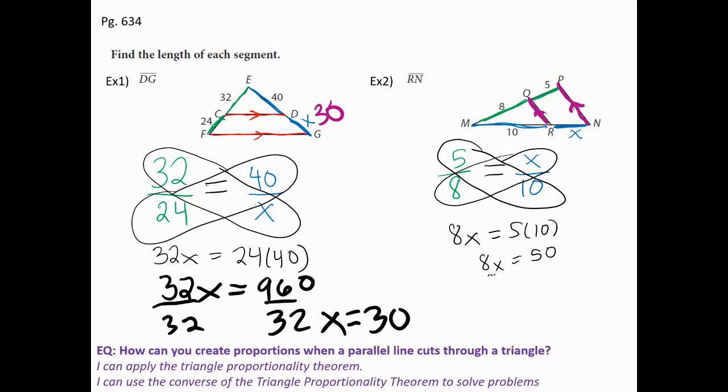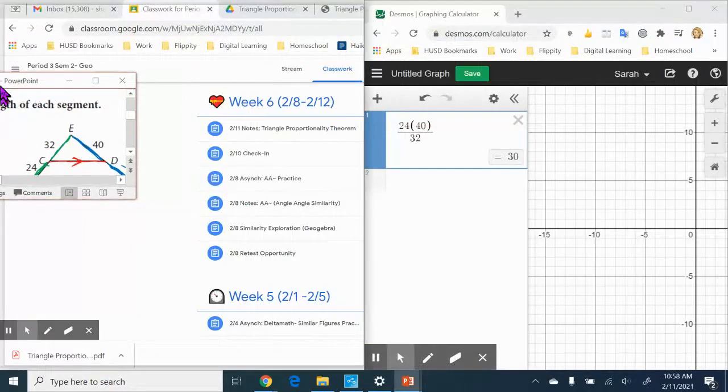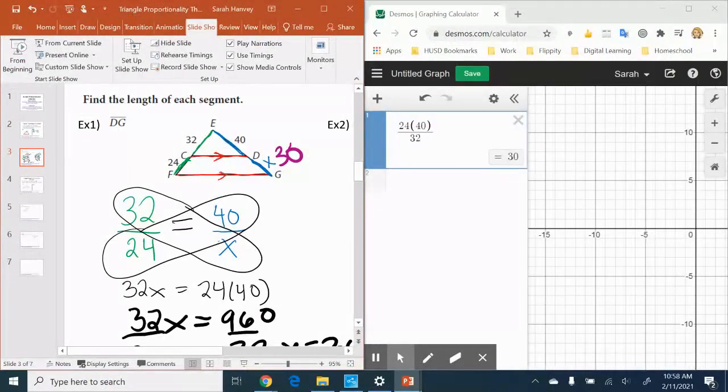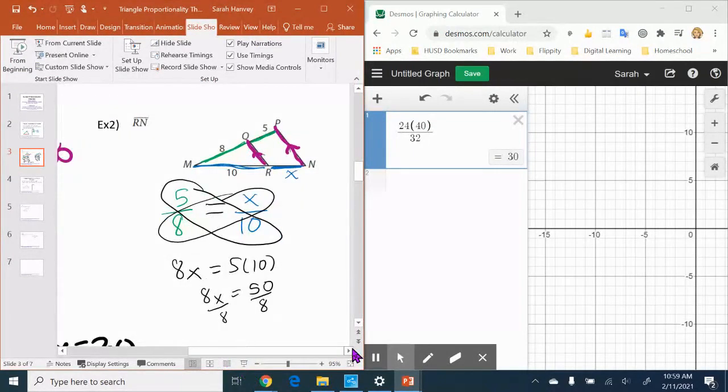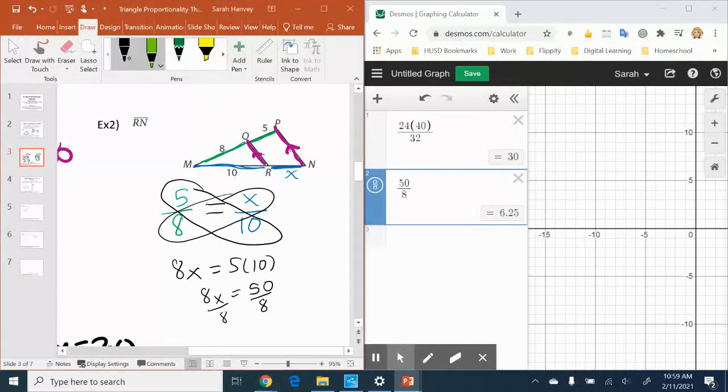And then you're going to divide by 8, divide by 8. And that's where you might want to use the graphing calculator. If I can get it to the side again. There we go. And then we're going to have 50 divided by 8. And you can either write it as a decimal, so x equals 6.25.